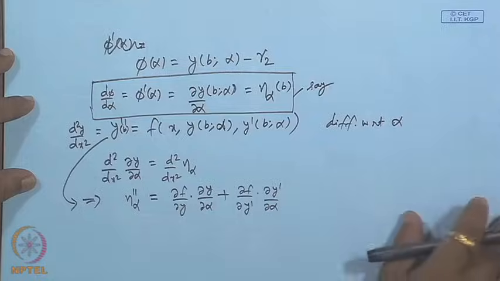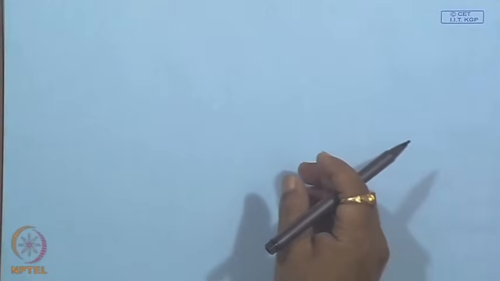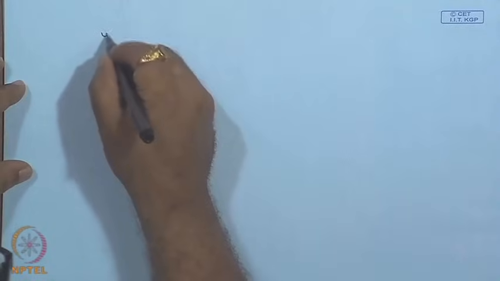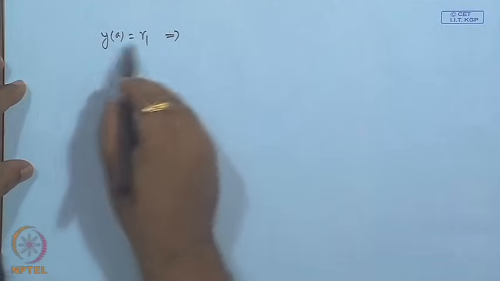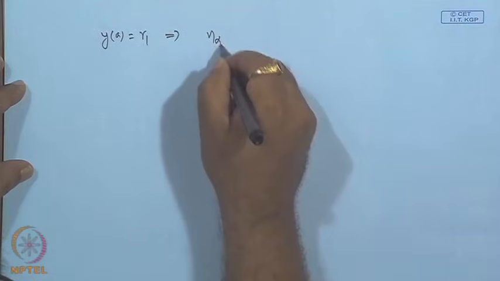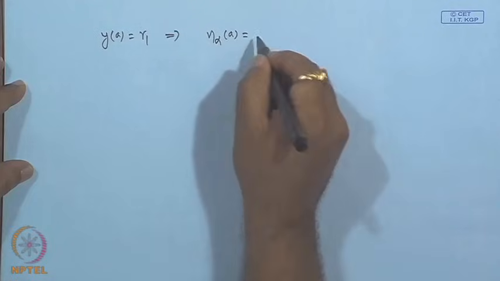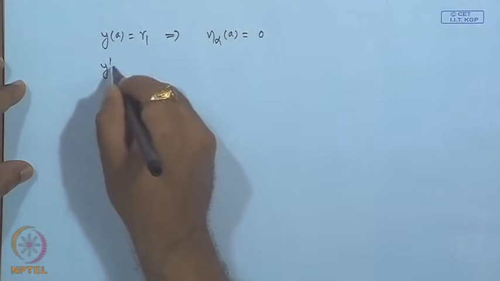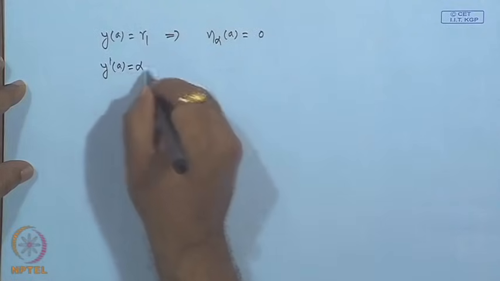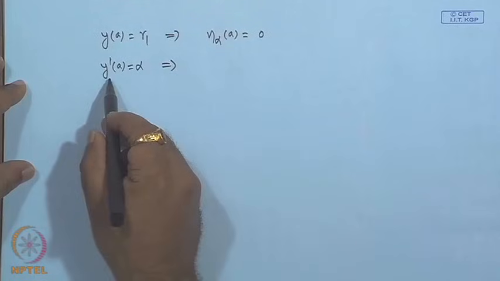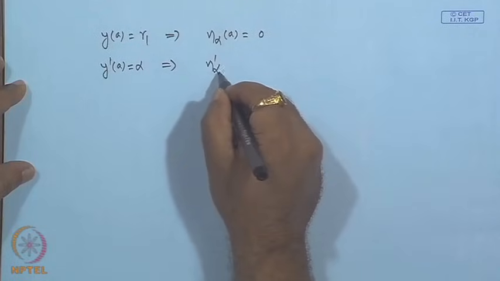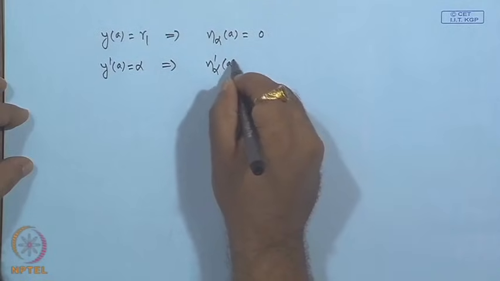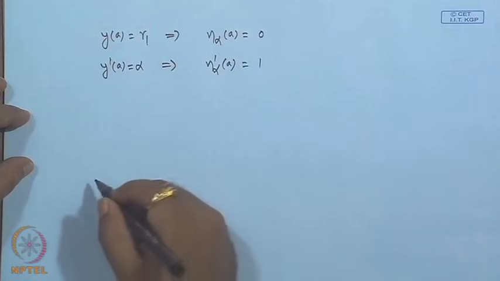Then we have y of a equals gamma 1. If you differentiate with alpha, the right hand side is 0, and we have the initial condition. If you differentiate with alpha, this is not a derivative, just to note that it depends on alpha, and the right hand side is 1.